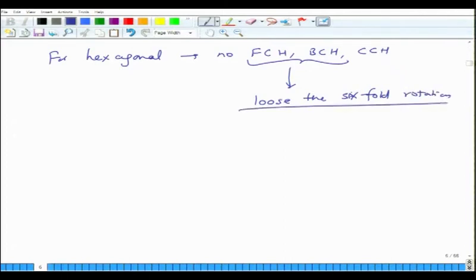So, it no longer remains hexagonal. You can check it out yourself. Try putting an atom at the center of the unit cell in hexagonal and try to operate that 6-fold. You will see that you will lose that 6-fold.